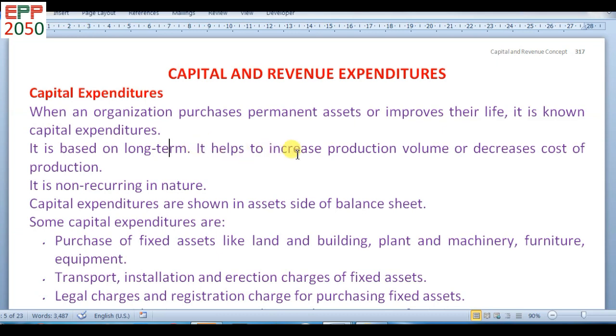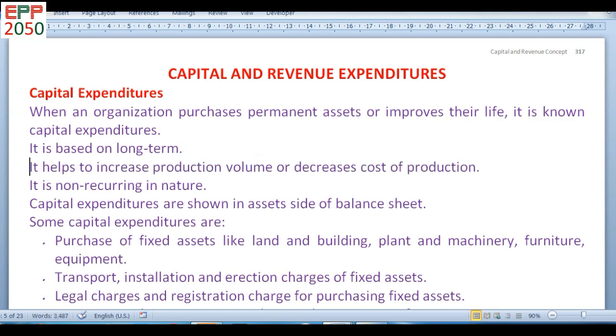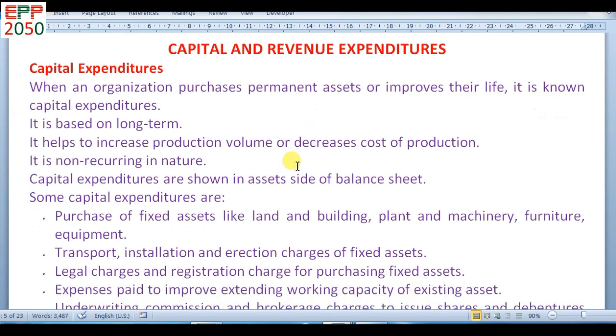It helps to increase production volume or decrease the cost of production. It means when we purchase fixed assets, it helps to increase the production volume and decrease the cost of production. It is non-recurring in nature. It means it is not repeated.